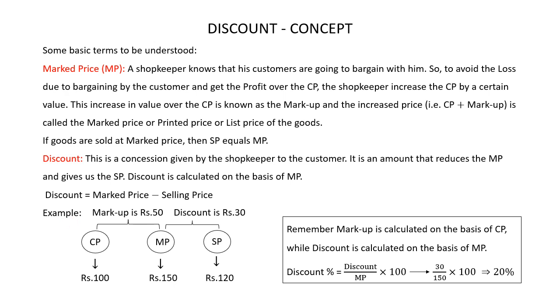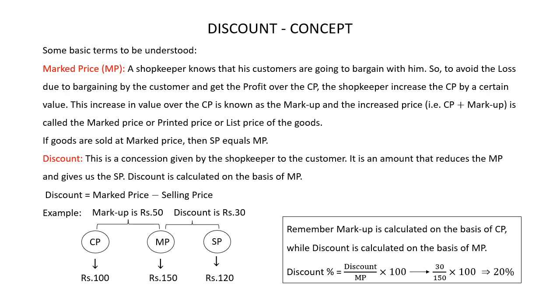Now a shopkeeper buys an article from the manufacturer, say at rupees 100. So this rupees 100 is the shopkeeper's cost price. Now he does not want to sell the article at rupees 100 because he wants to make some profit. So let's say he sells the article at rupees 120.